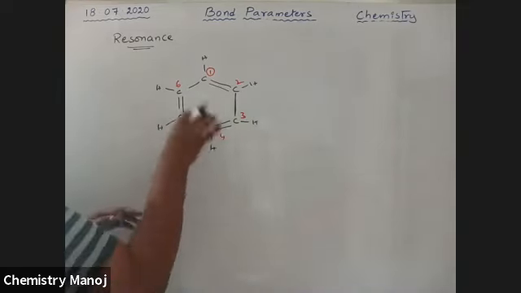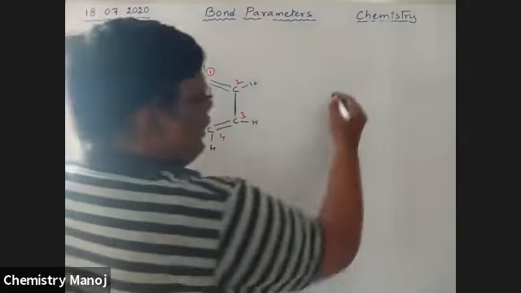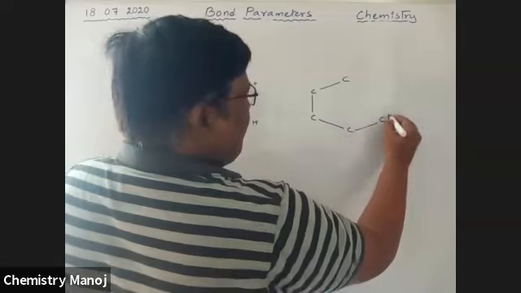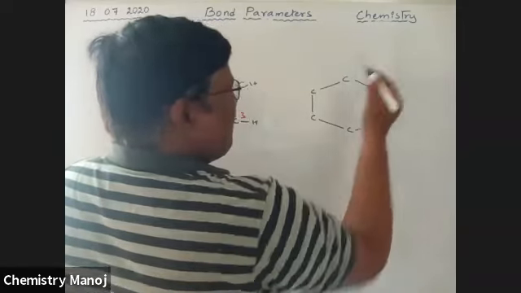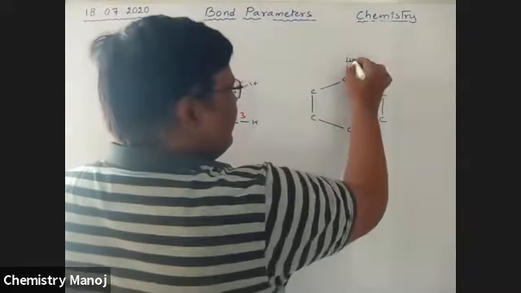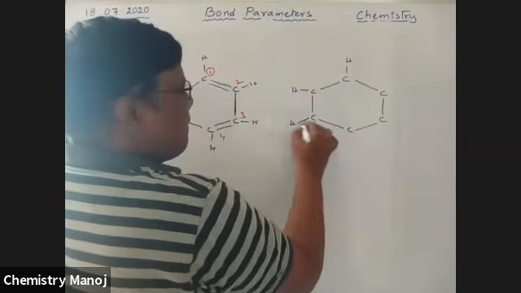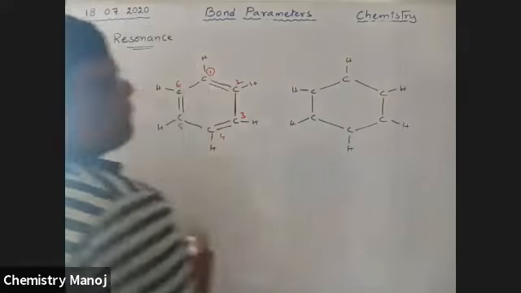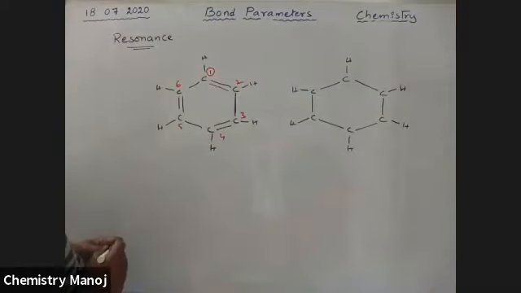Now the same structure I am going to draw like this: 6 carbons, each one connected with hydrogen.